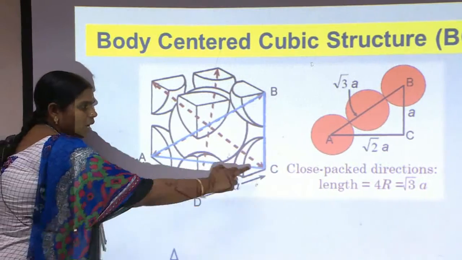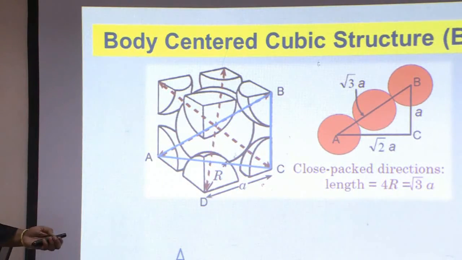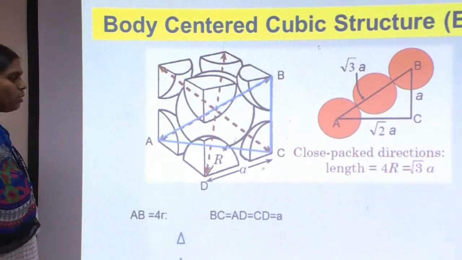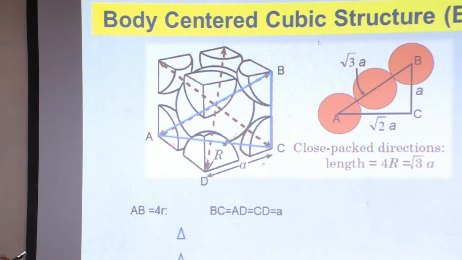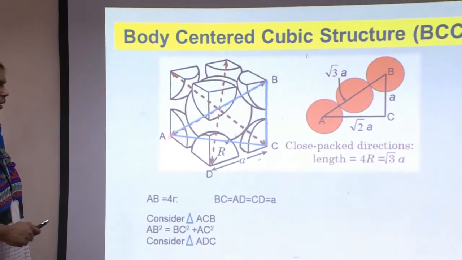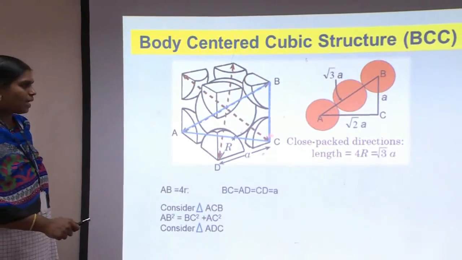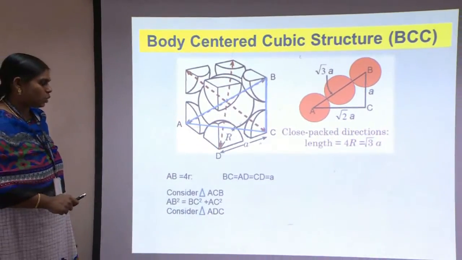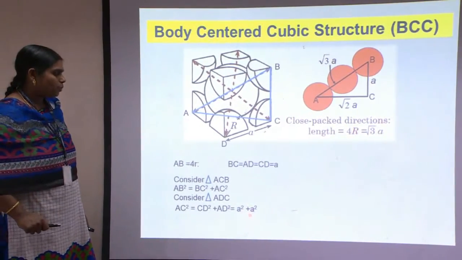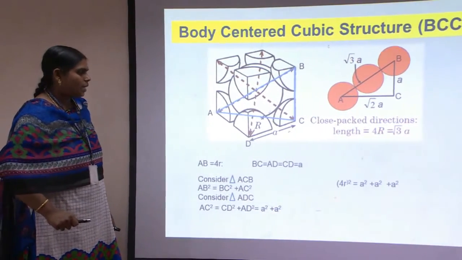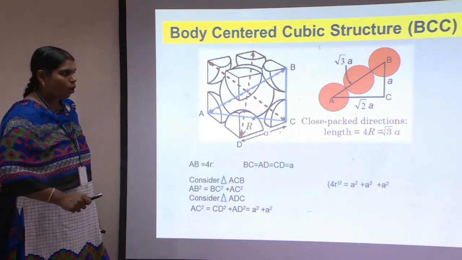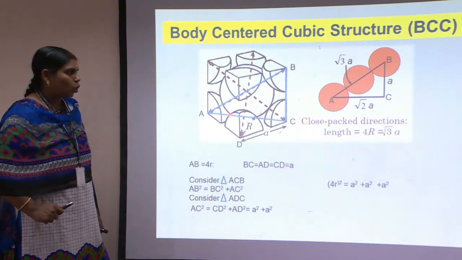How to calculate AC square? We can calculate AC square by the formulation AC square is equal to AD square plus CD square. Once again this becomes A square plus A square is equal to AC square, or in other words AC square is equal to 2A square, or AC is equal to root 2 A. This is how we get the value of root 2 A by using Pythagoras theorem.